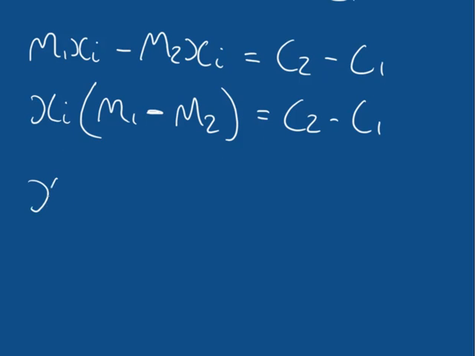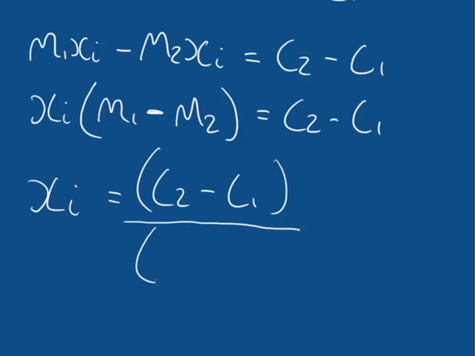So finally, we know that xi is equal to c2 minus c1. We don't need parentheses, but I'm going to use them just for clarification, divided by m1 minus m2. So this is an equation that we can put four constant values in, the intercepts and the gradients for both of our lines, and that will give us the x-coordinate of the point of intersection.